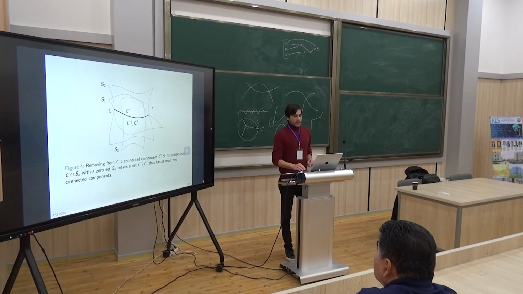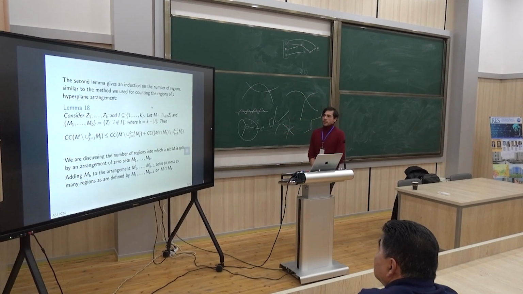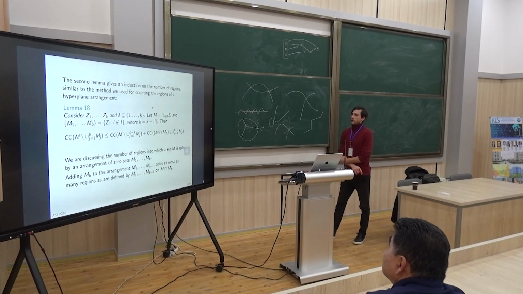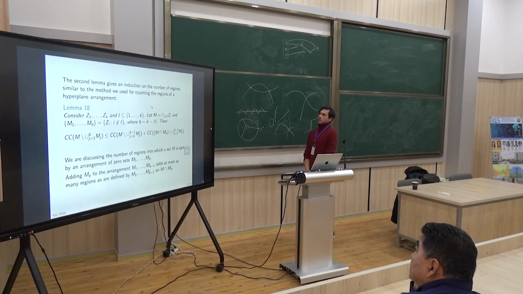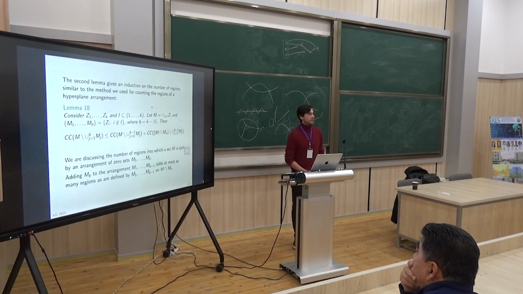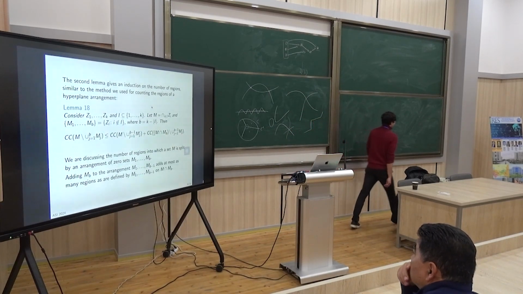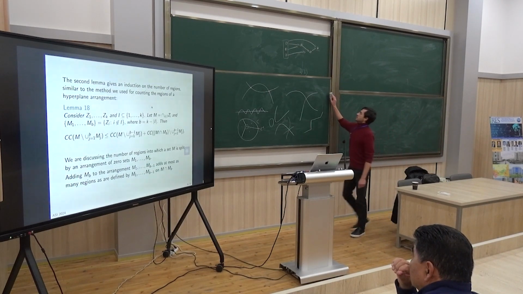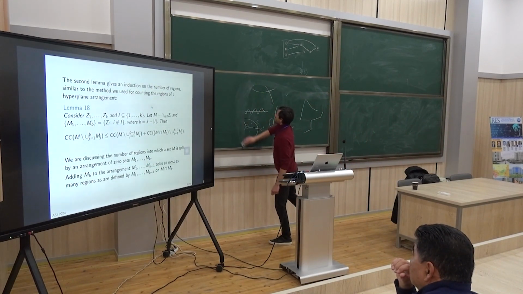All right. Next, the next lemma that is used in order to obtain that result is an induction on the number of regions, and it's similar to the sweeping hyperplane method that we used for the simple perceptron. The sweep hyperplane method. You remember what we did? I'm going to repeat the drawing. Maybe you recall that.